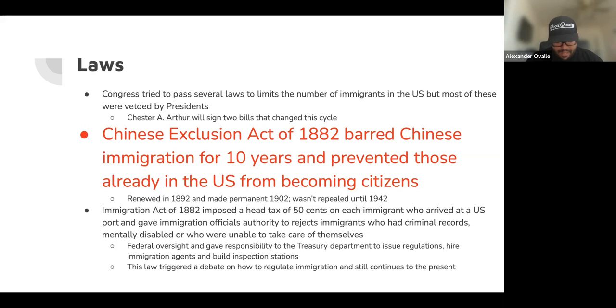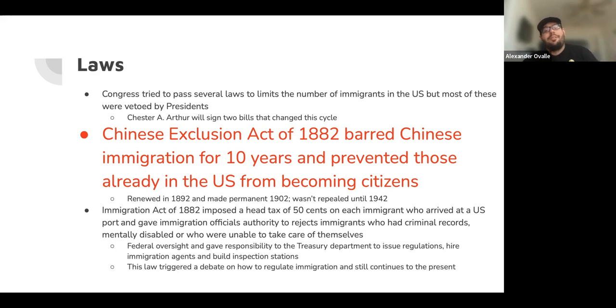About $16. 50 cents back then was about $15. So that's you put it there.